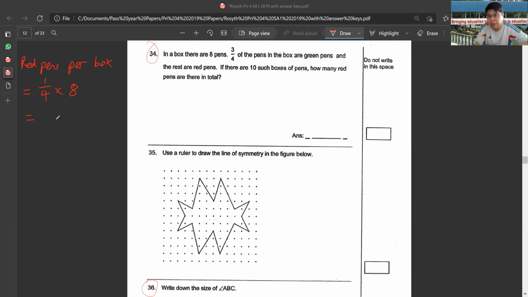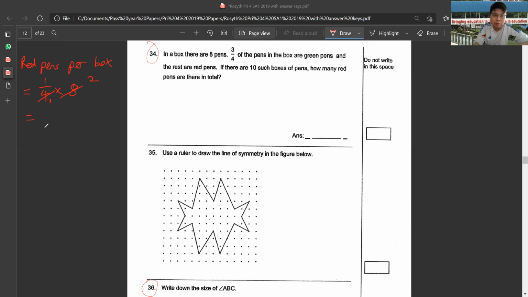Can I cancel the 4 and 8? Yes. 4 will become 1. 8 will become 8 divided by 4, which is 2.